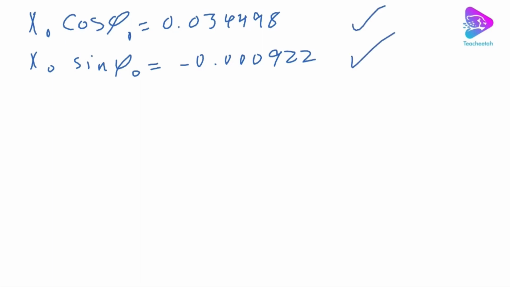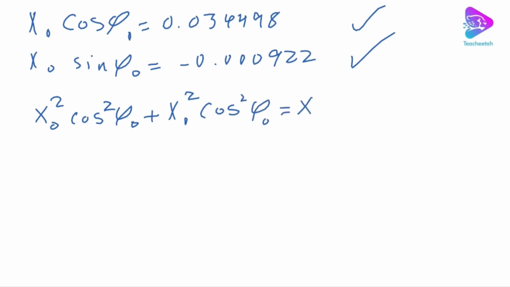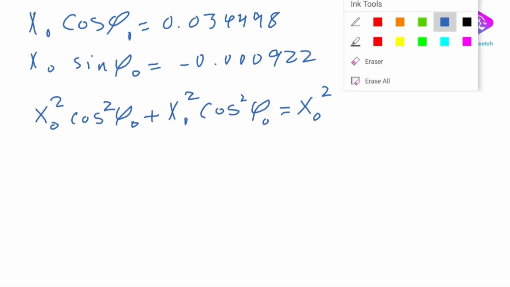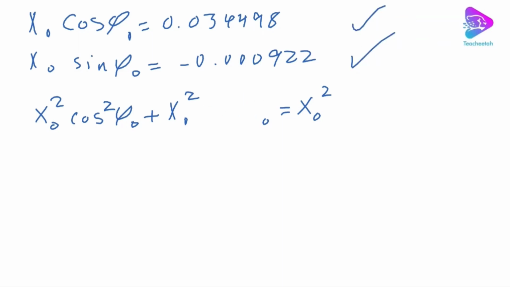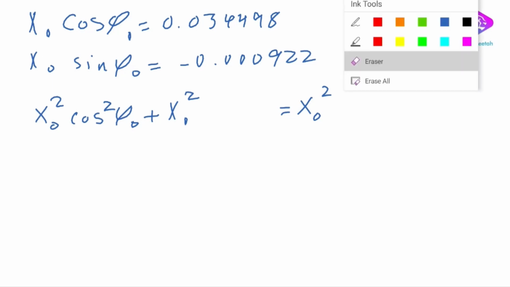So what we have here, we can simply find. If we square that one, we have x squared cos squared phi naught plus x squared sine squared phi naught equals x squared. I'm sure you know this.